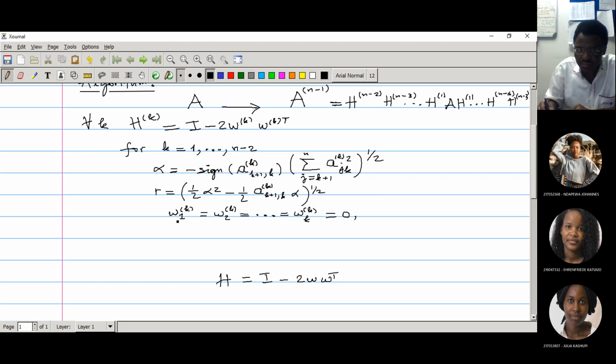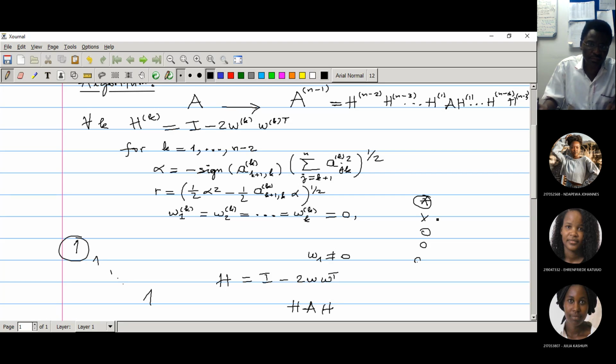So if these entries are not 0, for instance if w1 is non-zero, it will affect the first entry of the identity, in such a way that when we multiply H by A, and in A we already created, let's say, a non-zero here, a non-zero there, and the rest zeros, it will come and modify maybe this entry, but I want that entry to be kept.